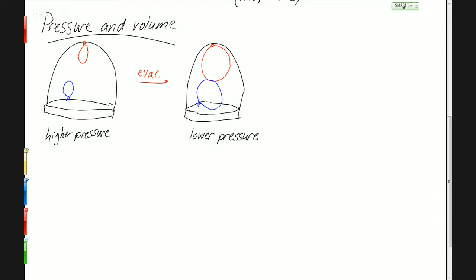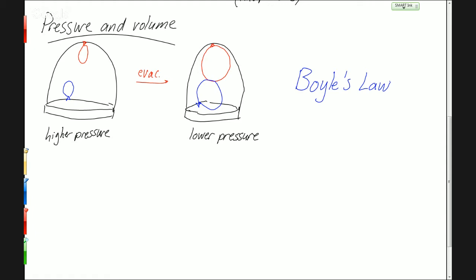So what can we say happens to the volume when the pressure is decreased? Volume increases, right? This is known as Boyle's law. Boyle's law of gases. And it just says there's an inverse relationship between pressure and volume. When one goes up, the other one goes down.